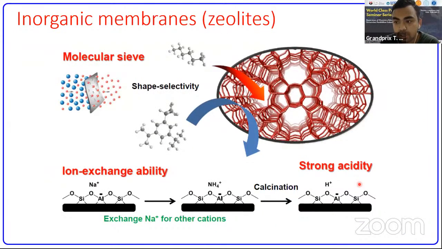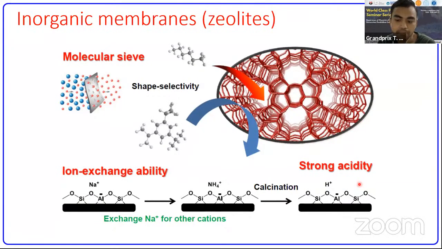There are 3 main properties of zeolite, which is the ion exchange ability. The formal charge of the zeolite backbone is negative. It is negatively charged because the tetrahedral silicon is isomorphically substituted with tetrahedral aluminum. So we know that silicon has zero formal charge.